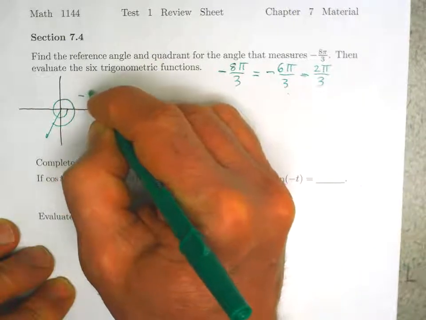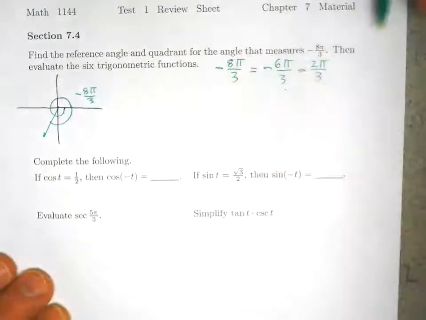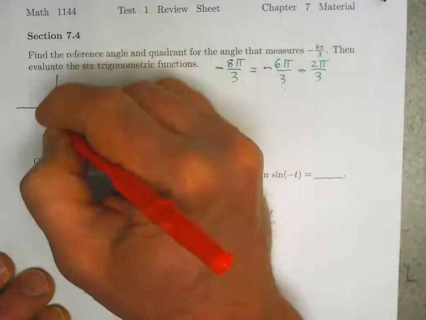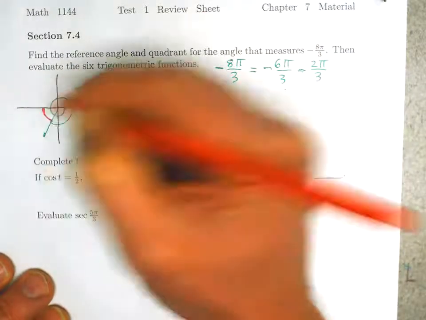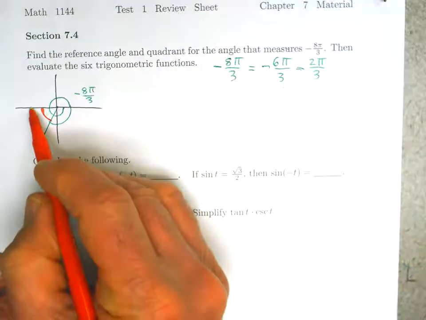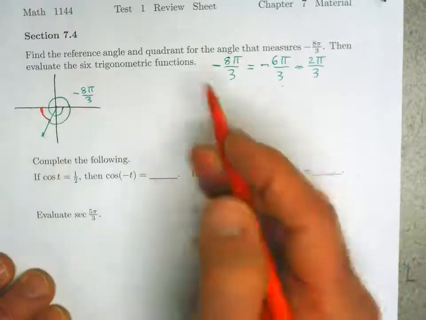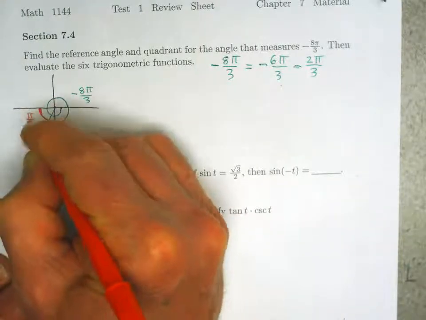So negative 8 pi over 3. And we're pi over 3 radians from this terminal side to the negative x-axis. So the reference angle is pi over 3.